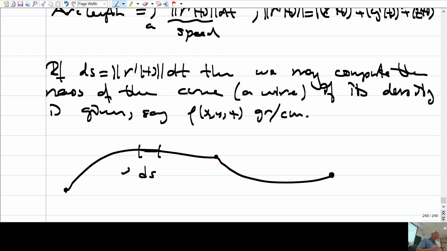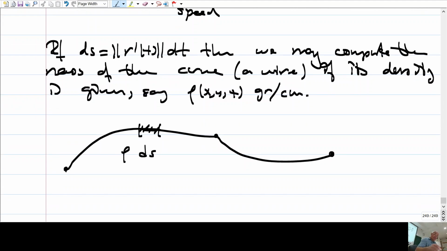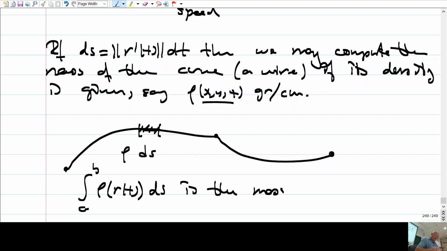If I multiply this with rho, the density of this piece, then I will get the mass of this piece. And the integral of this, for example, integral from a to b of rho, here I have x, y, z, but here I should plug in r(t), and then ds, this will be the mass of the wire.